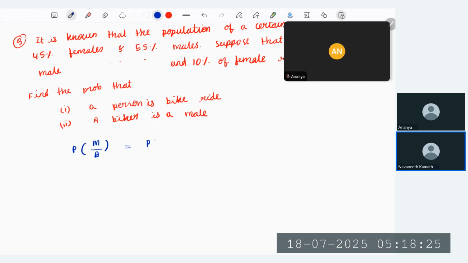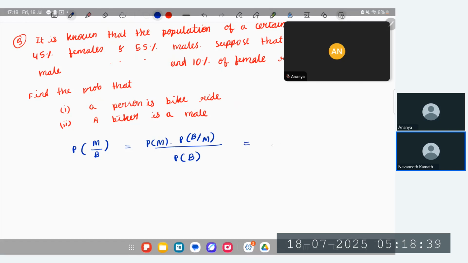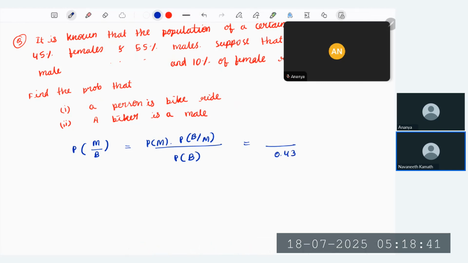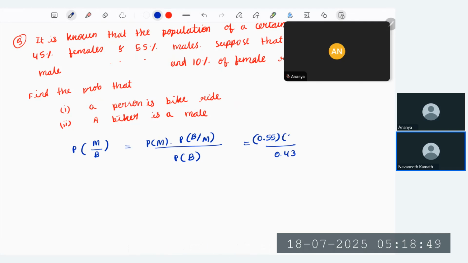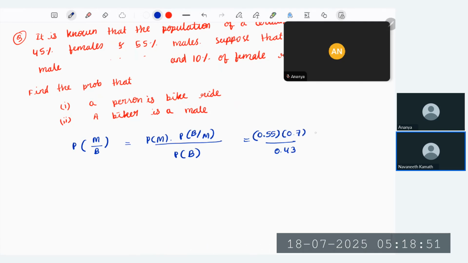That is the percentage of male multiplied with the bikers who are male, divided by the probability of being a biker. You told it is 43% for any person being a biker, and the chance of being a male is 0.55, and 70% of male ride the bike, that is 0.7.